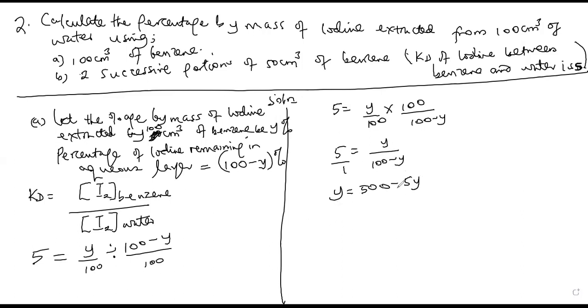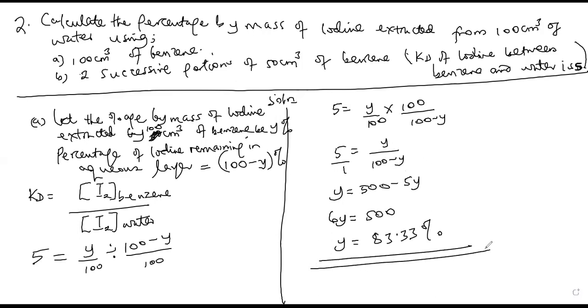And so we shall have 6Y equaling 500. And this one will give us our Y as 83.33%.